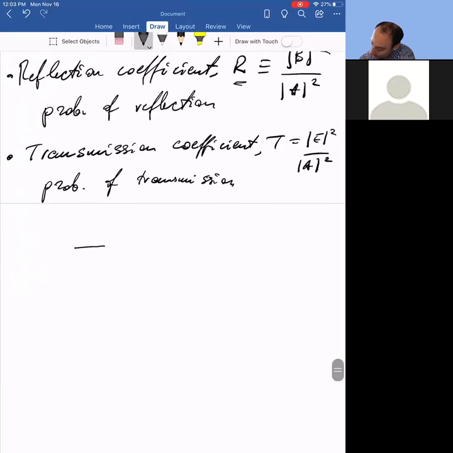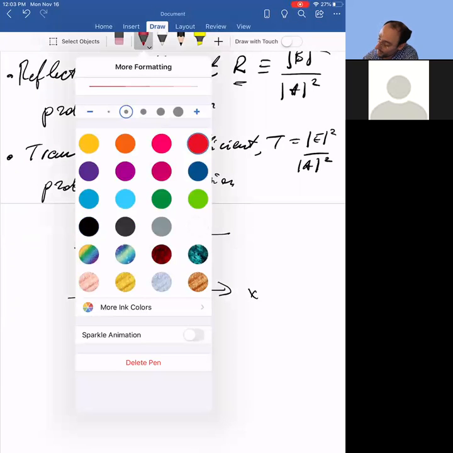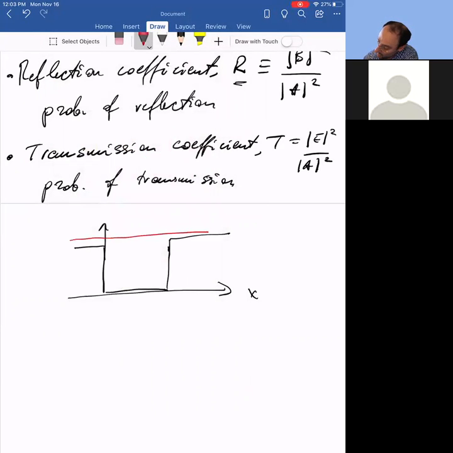So remember, the setup is like this. What I can control is the energy of the incoming particle. This energy or this energy or this energy. And depending on its energy, the probability of transmission will be different.